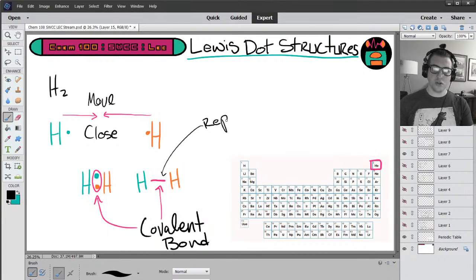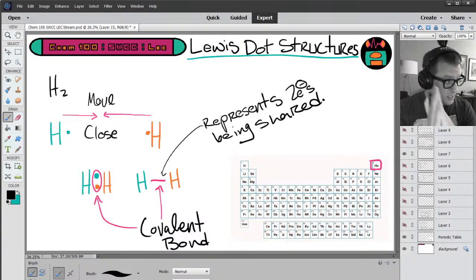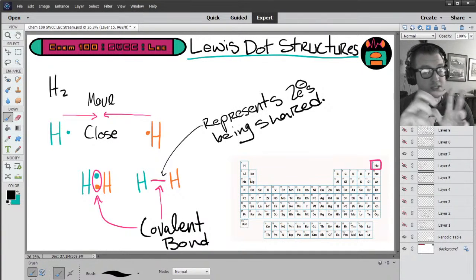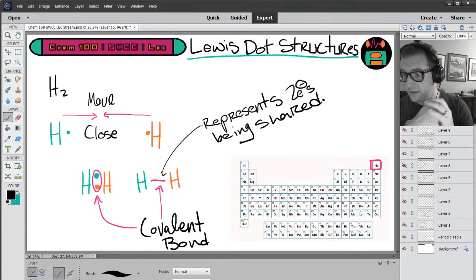Every line in a structure represents 2 electrons being shared. All right. So that is the covalent bond. Each covalent bond has 2 electrons in it, and every line depicts this.